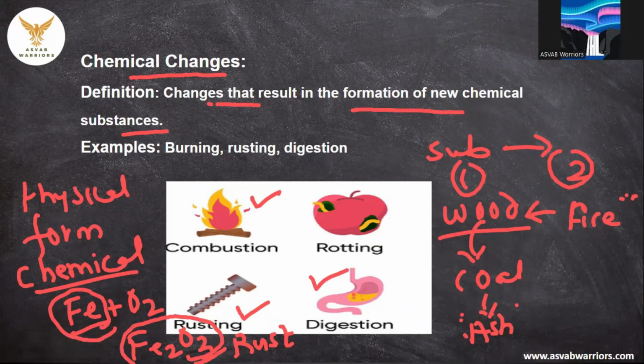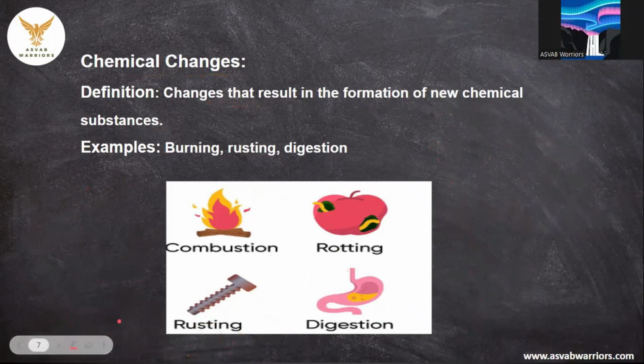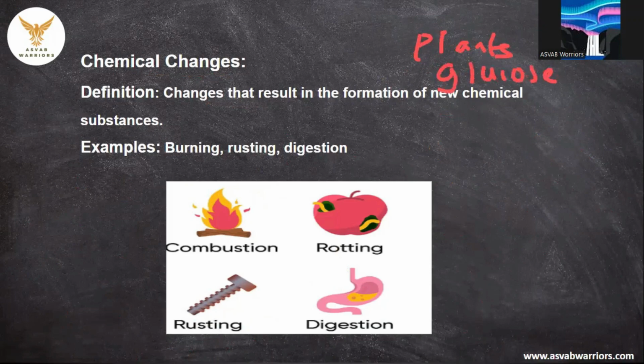Next is digestion. What we eat are simple substances, suppose that we get from plants, like glucose and starch.